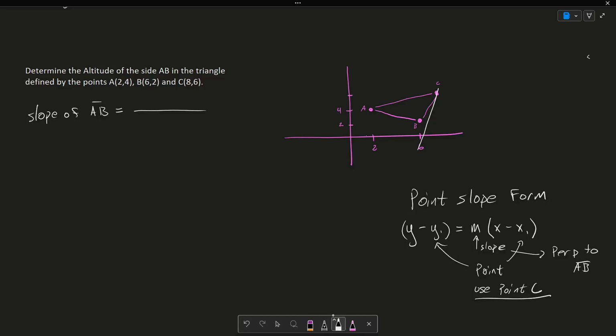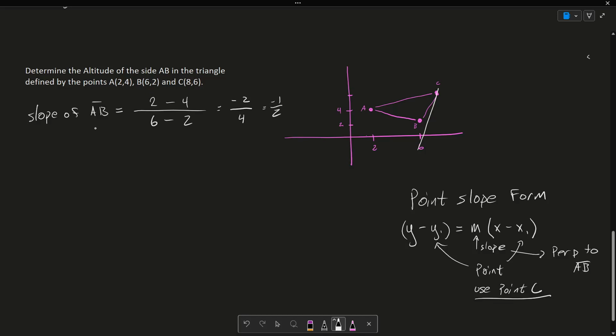Remember, you do the y-coordinate of B minus the y-coordinate of A, so it's 2 minus 4, over the x-coordinate of B minus the x-coordinate of A, so 6 minus 2. So I'm getting 2 minus 4 over 6 minus 2, which looks like negative 2 over 4, negative 1 half, sorry.